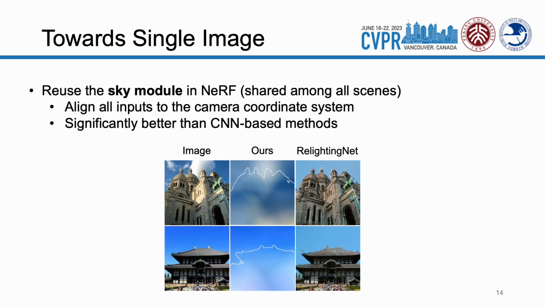Though our Sky MLP is optimized together with other NeRF modules, in fact, it is decoupled from other MLPs and can be utilized during single image inference as long as all the inputs, ray directions and lighting coefficients, are aligned to the camera coordinate system rather than the world coordinate system. Our Sky module can generate significantly more realistic sky background than CNN-based methods.